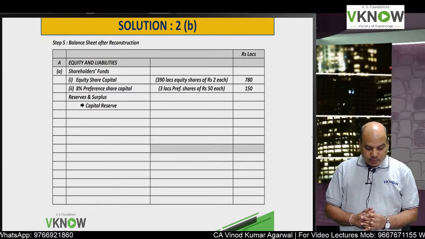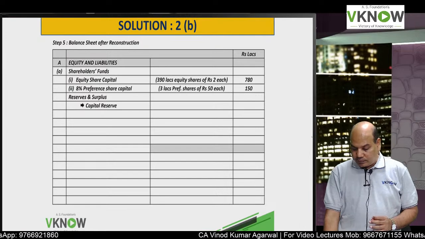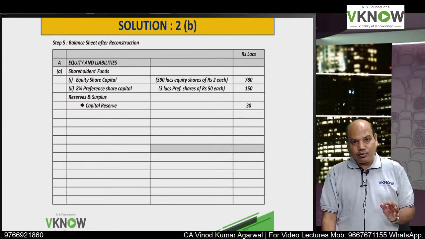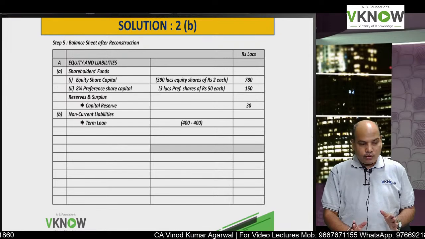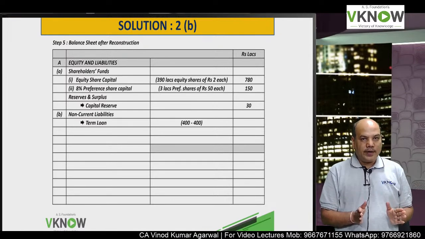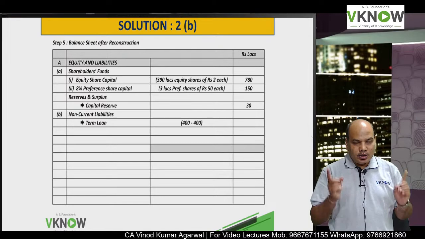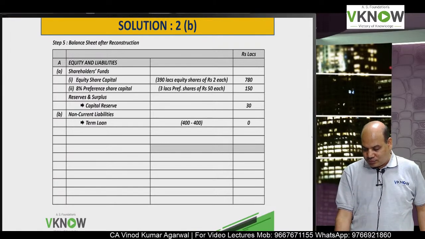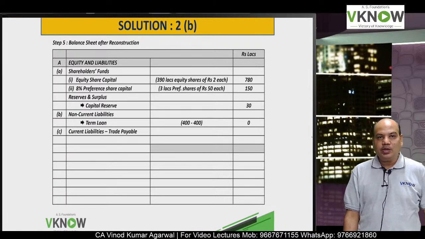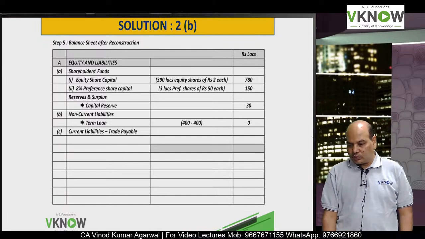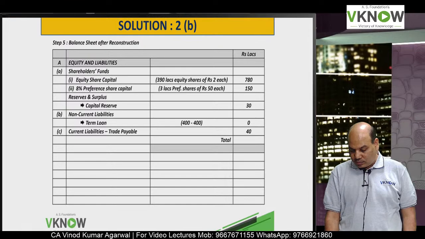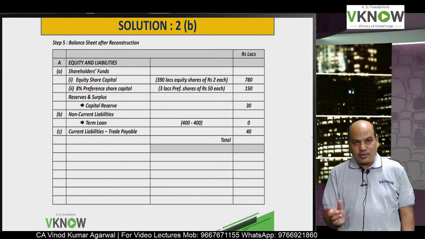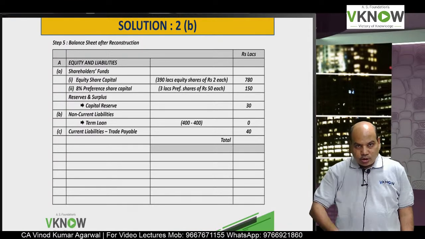Under reserve and surplus, please write capital reserve, already calculated, 30. Non-current liability term loan, it was 400, repaid 400, so balance is 0. Current liabilities trade payable. Working note, we have prepared working on that, 40. Take the total of the asset side.